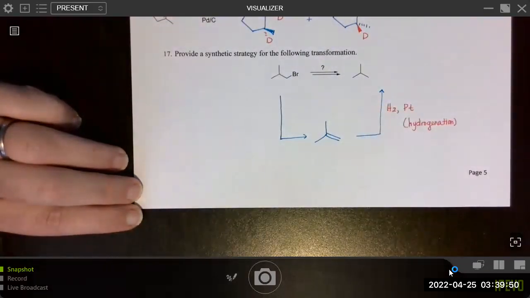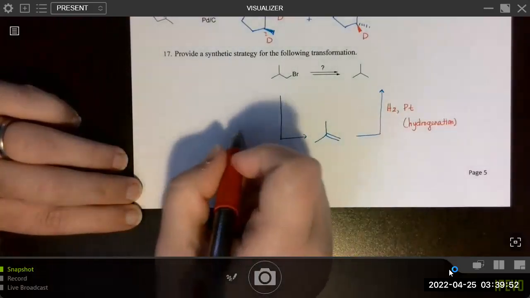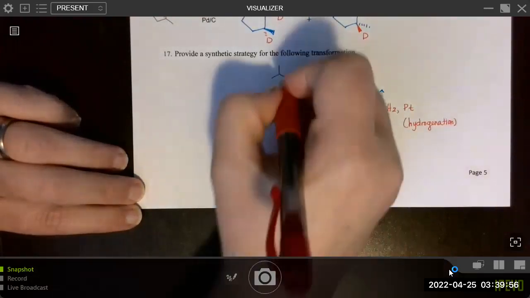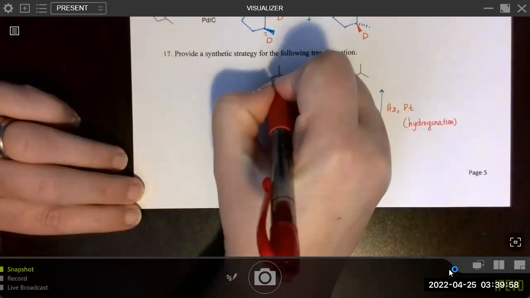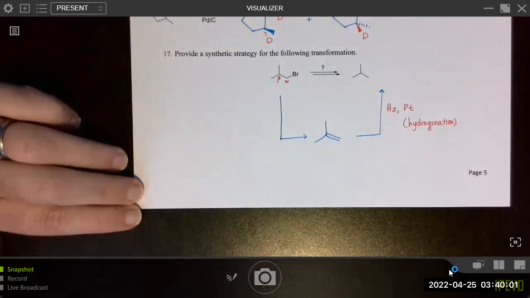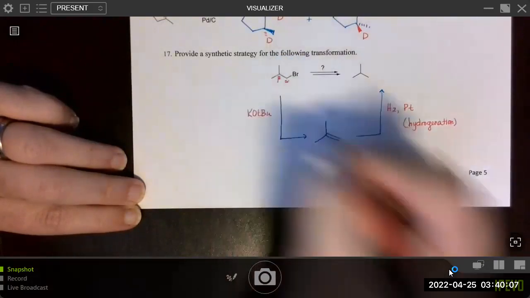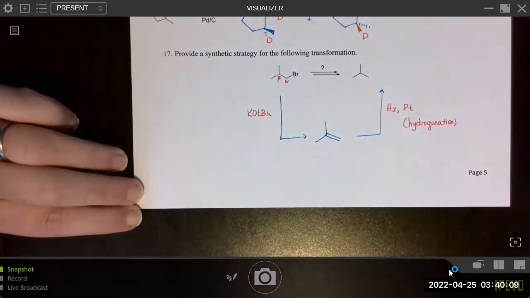Then we just need to do an elimination reaction to get this alkene. There is only one beta carbon, so we don't have to concern ourselves with regioselectivity. However, in this case, I always prefer to use a bulky base, because if I use sodium hydroxide, that will do SN2 as the major pathway, right?